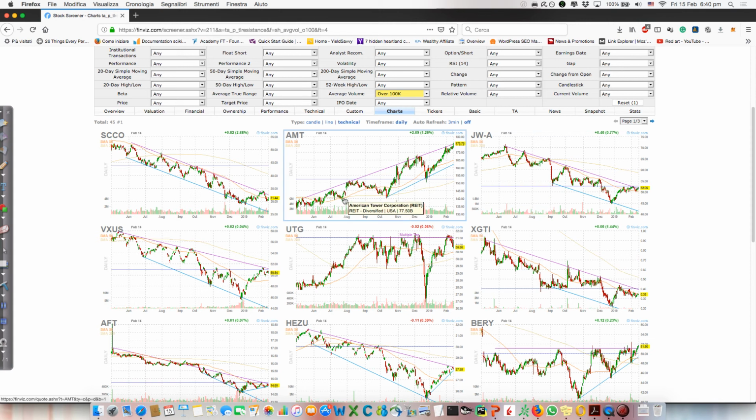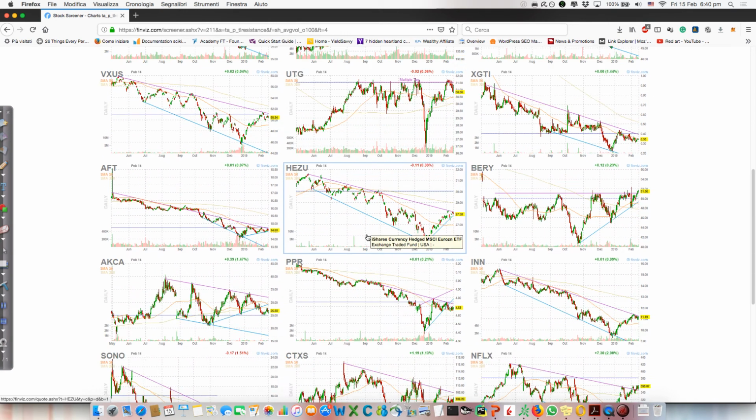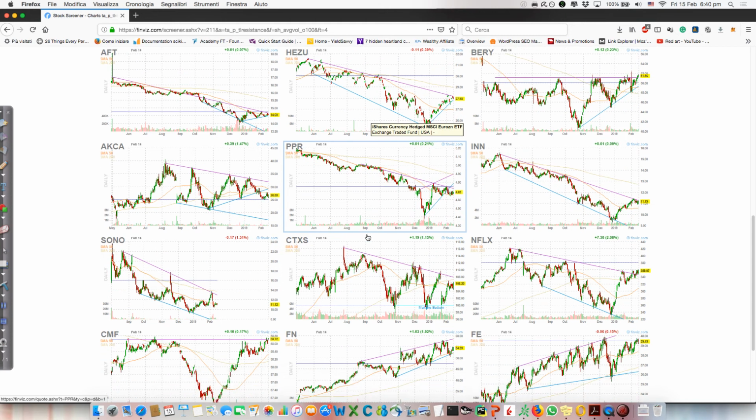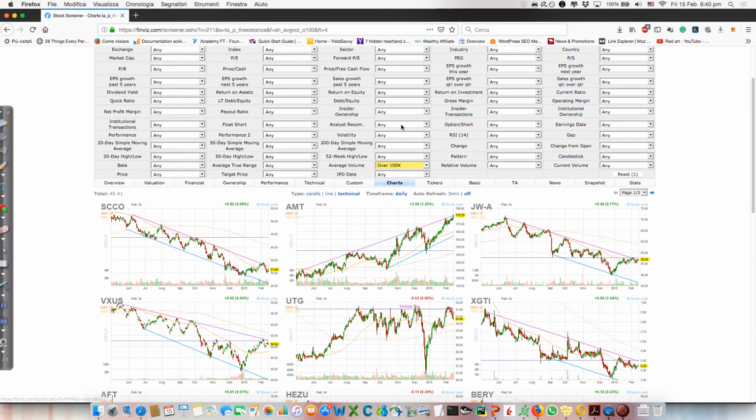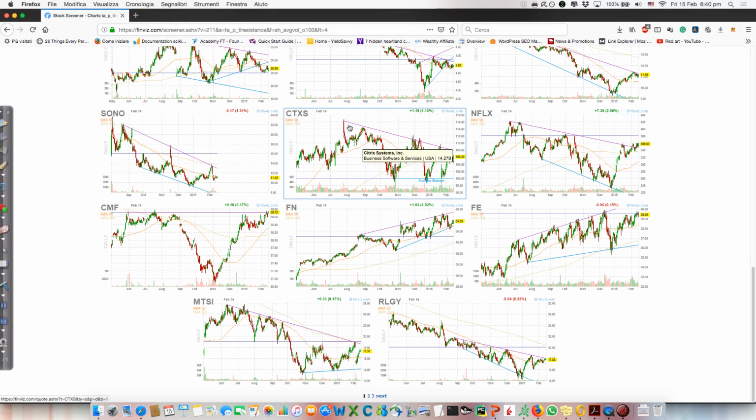Okay, so for example here, let me see. Like here we are looking at the resistance. Here we have a resistance, but the support is not so clear, right? Or here, for example, we have a trendline resistance, and the support is the horizontal one.